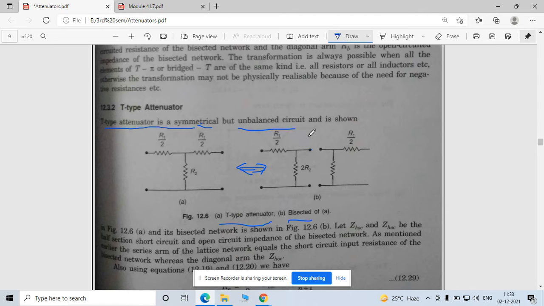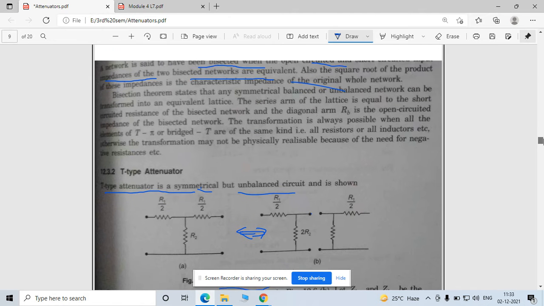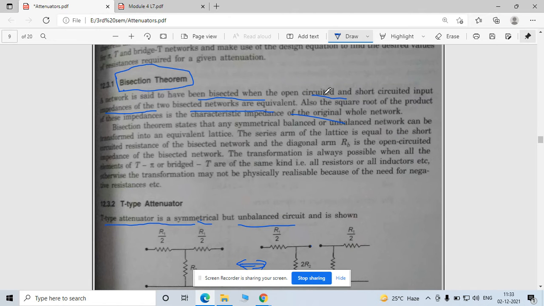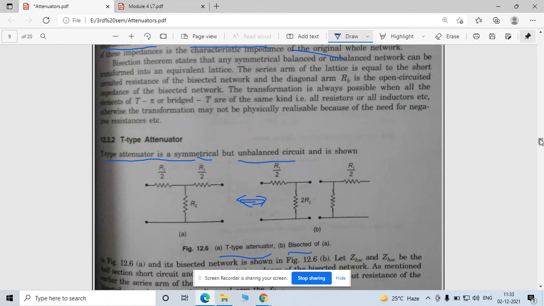Now see, in this bisection theorem, you have to divide your circuit into two sections, right? And as I said, your circuit is just like a mirror image. For example, see here, this is your symmetrical unbalanced circuit. Why symmetrical? Because the two resistances are equal to these two, but this is unbalanced. So how to balance it?